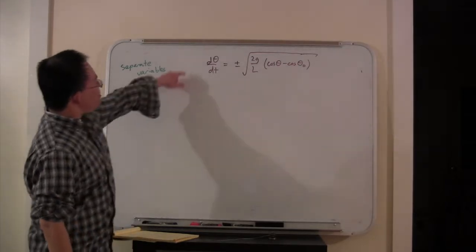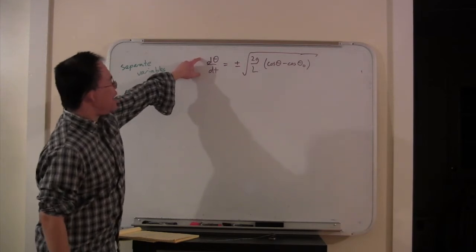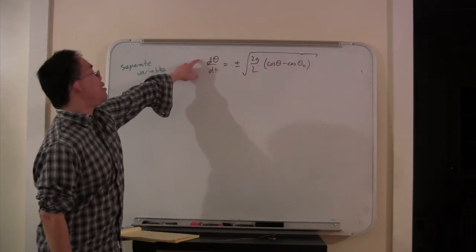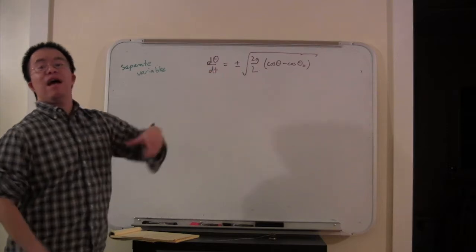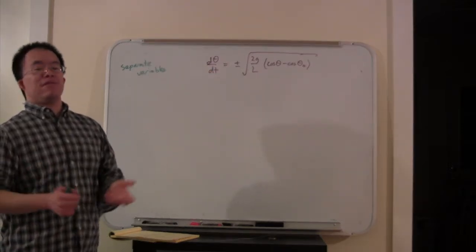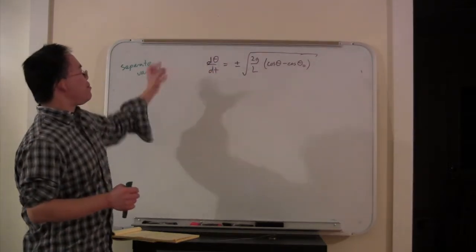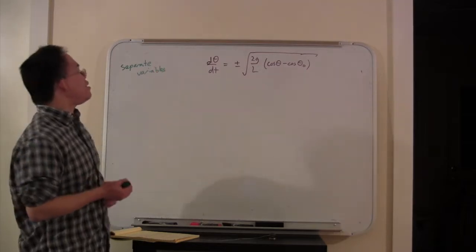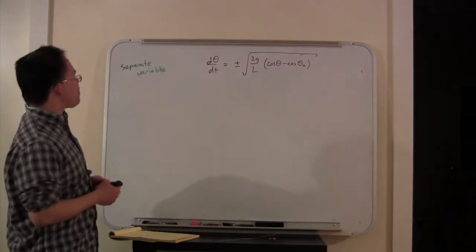things. But it turns out that I can actually get away with treating these quantities d theta and dt as though they were infinitesimal. So, as though they were small but finite.